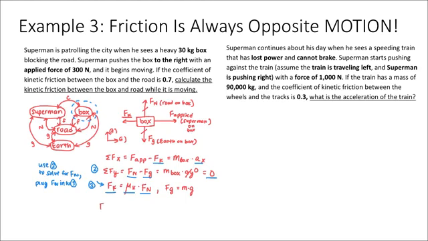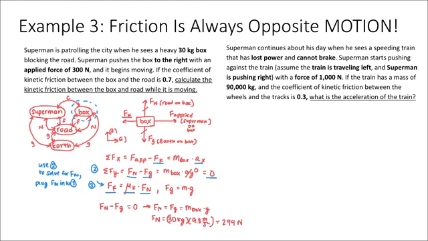If I rearrange equation 2, Fn minus Fg is equal to 0. We've seen this before a few times. So Fn is equal to Fg, which is equal to the mass of the box times g. So that means that Fn is going to be equal to 30 kilograms, that was given to me, times 9.8 meters per second squared, which is 294 newtons.